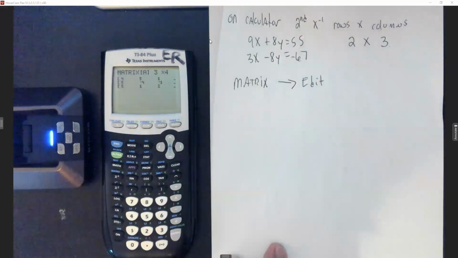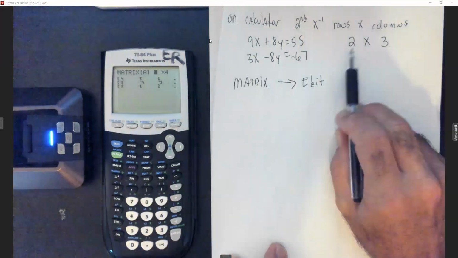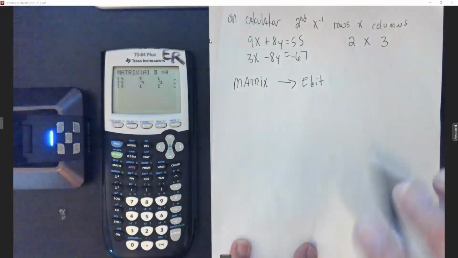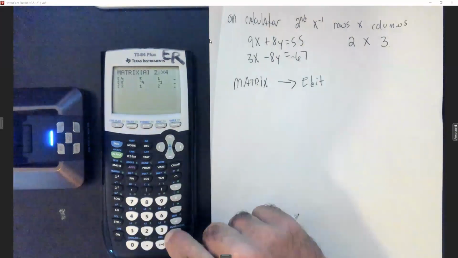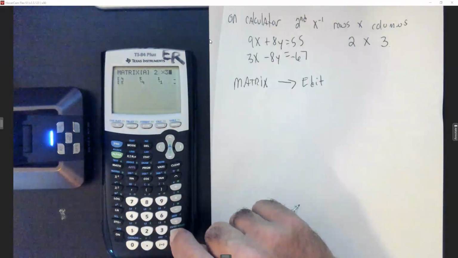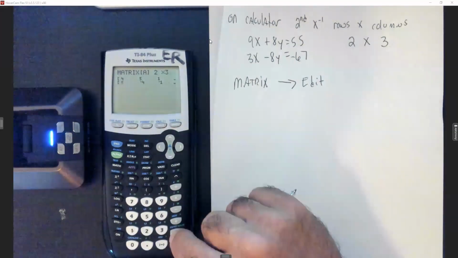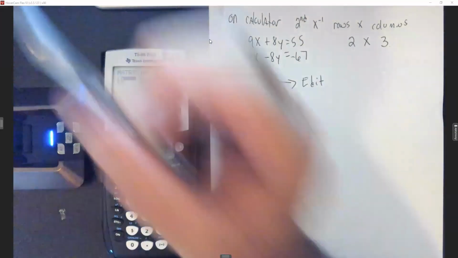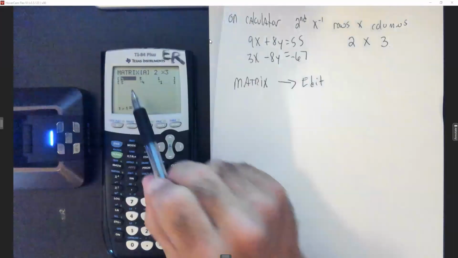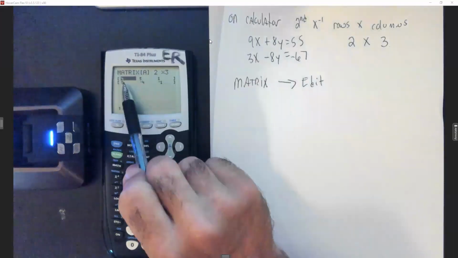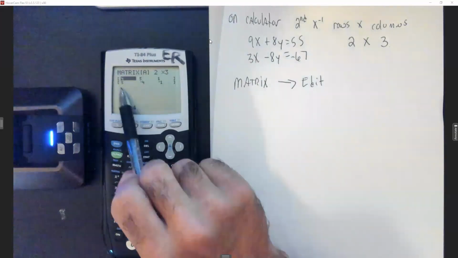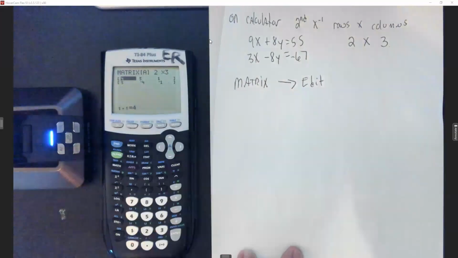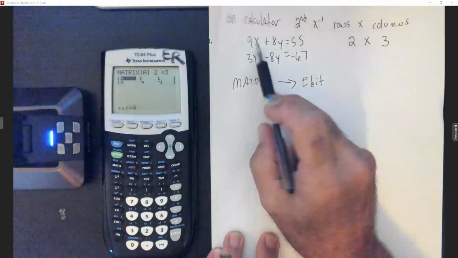Now notice the first thing it does, it wants to know the rows by columns. Mine was a 2 by 3, so I would hit 2, enter, by 3, enter. Now what it did, it just gave me 6 spots down here for my 6 numbers. I've got 2 rows and 3 columns, okay? So we'll put in each of these numbers one by one.